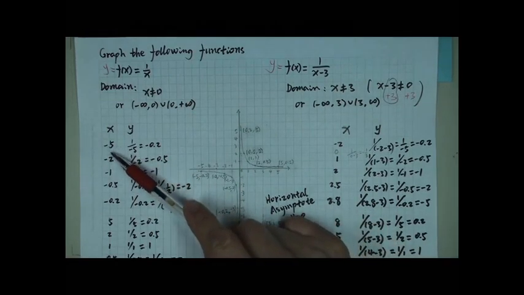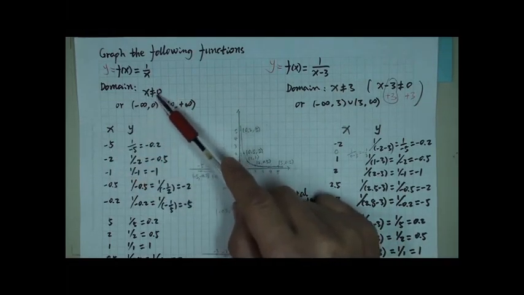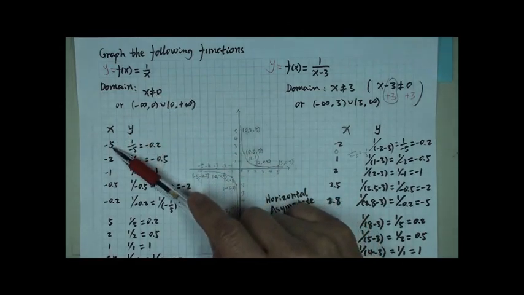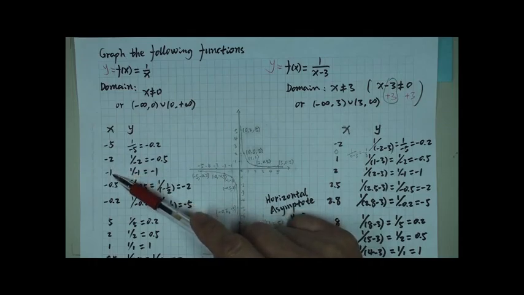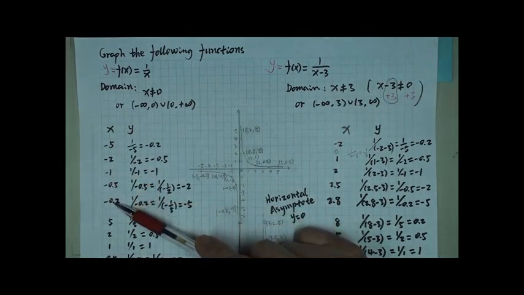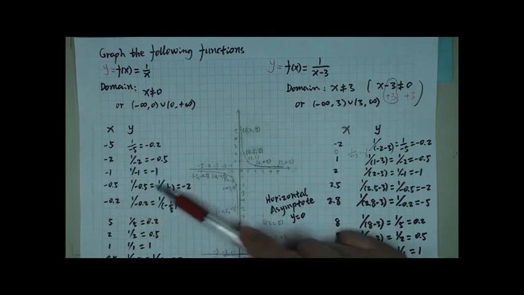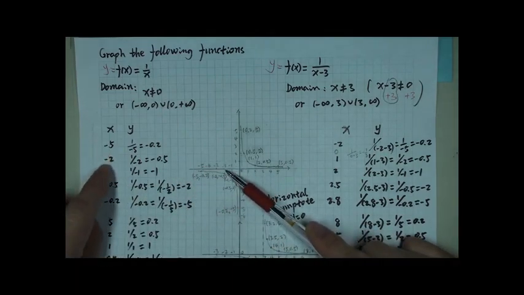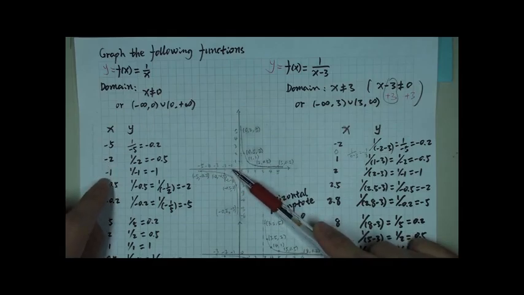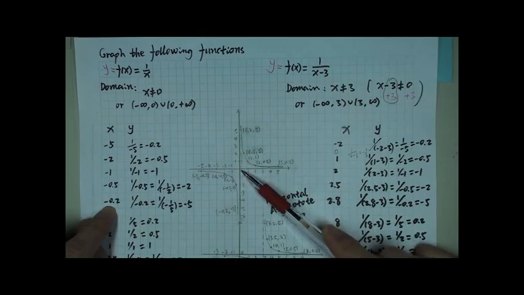Since x cannot be 0, we start with x values of negative 5, negative 2, negative 1, negative 0.5, and negative 0.2, which is even closer to 0.